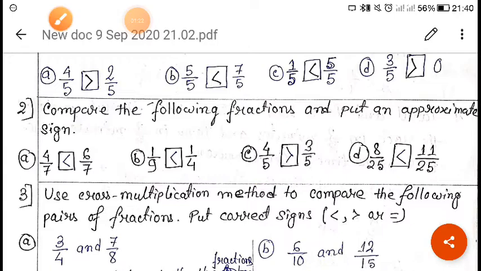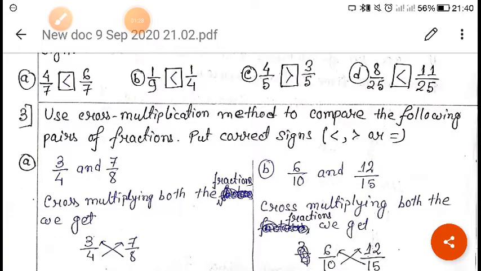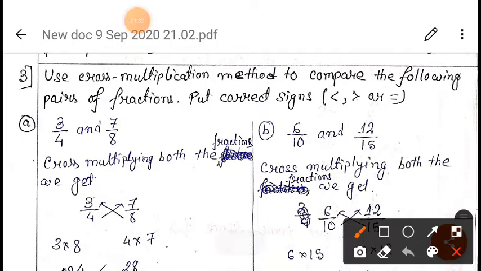Next, using the cross multiplication method, we have to compare the following pairs of fractions. So what is this cross multiplication method? In the first, it's given 3 by 4 and 7 by 8, and they have asked us to compare them using the cross multiplication method and then put the sign. It is very simple, let me explain.